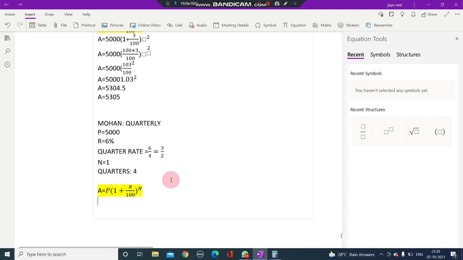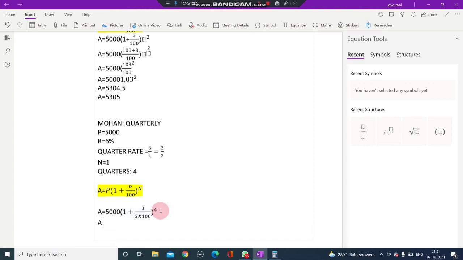Let us find out the values. Substitute P is equal to 5000. Then R is equal to 3 by 2, and then one more 100 is there. So 3 by 2 into 100, raised to 4. Now we are going to solve this.